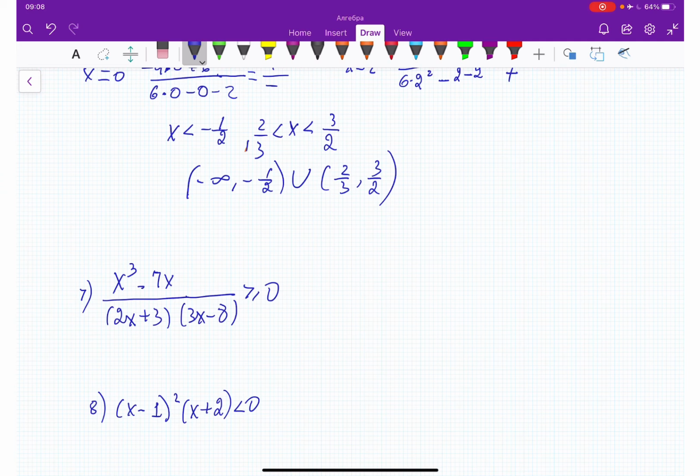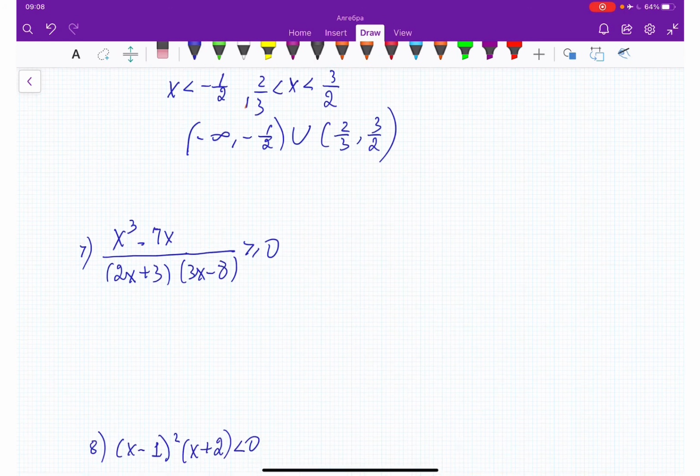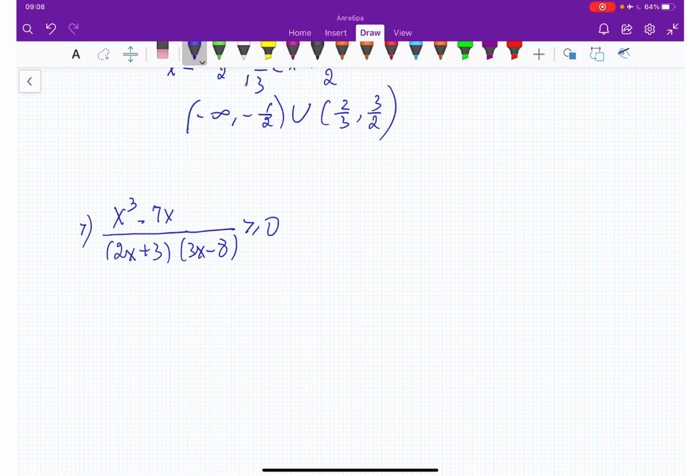x cubed minus 7x over (2x plus 3)(3x minus 8). All right. So what am I doing? First, I'm going to simplify the numerator.